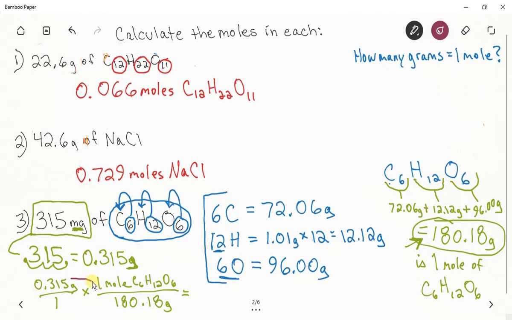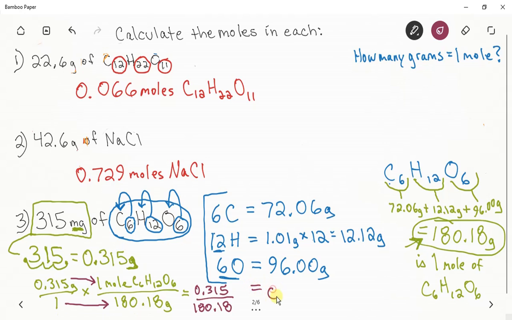So that means we're going to multiply across. We're going to go 0.315 times 1, so that's 0.315, over 1 times 180.18, so that's 180.18. So now we're going to take our calculator and take 0.315 divided by 180.18.